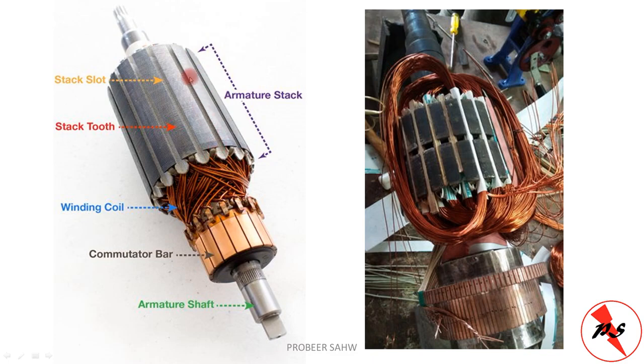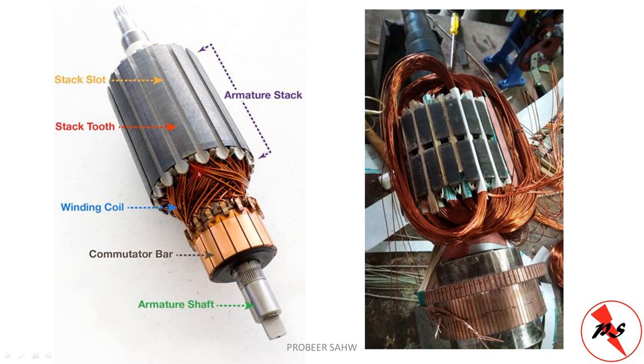These are the slots in which we have put the armature windings. After putting in the armature windings, we put insulation on the windings so that they do not come out of these slots when the rotor rotates, because during rotation huge centrifugal forces are applied on this winding.